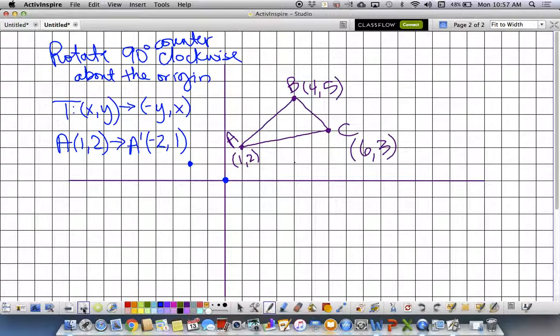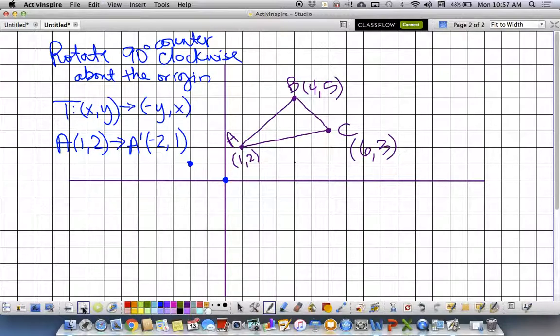Counterclockwise 90, it's the same thing. Yes, they are the exact same thing. You could go clockwise 270 degrees and end up right there, or you go counterclockwise 90. But that's what the formula's for.